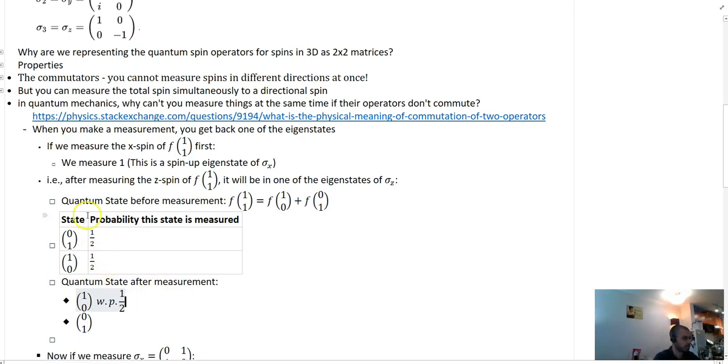So 50% of the time we measure this state, and after we measure this state, the quantum state is now spin up. We've altered the quantum state by measuring it. Or another way to interpret this is that we have actually correlated all the quantum stuff that makes up our brain, because ultimately we're made up of tiny particles that are quantum, right?